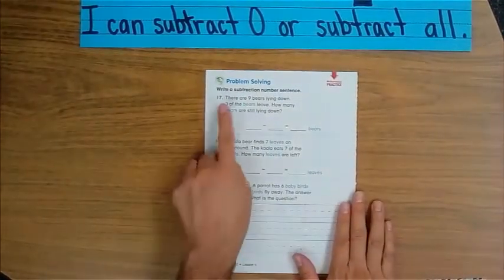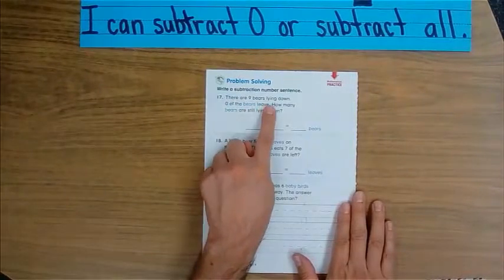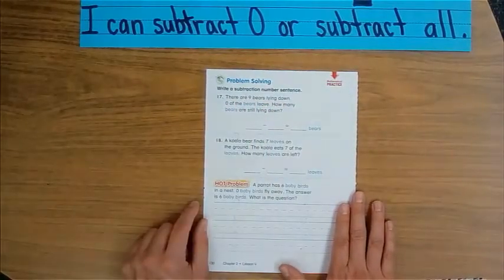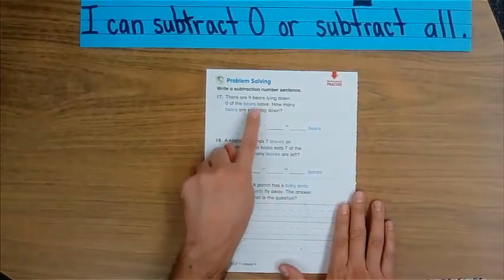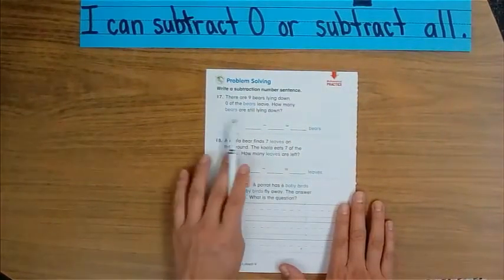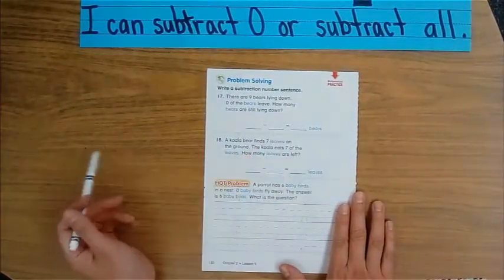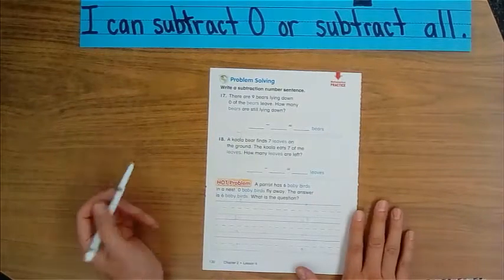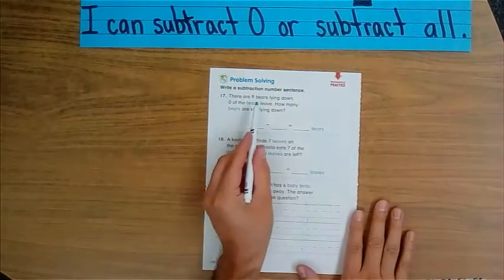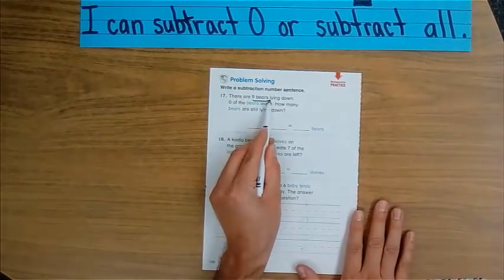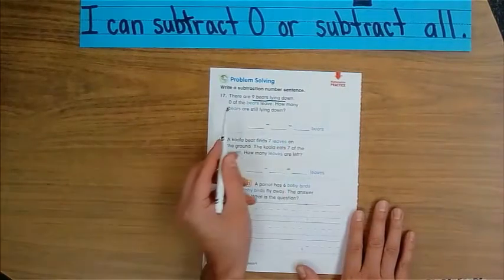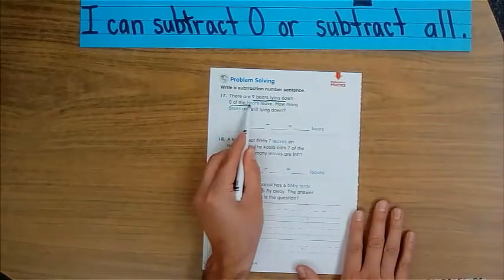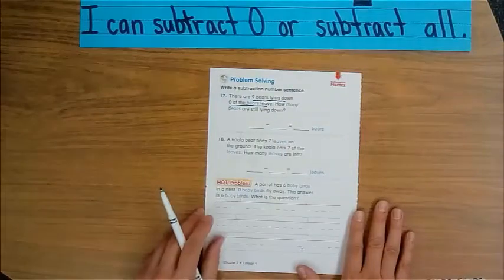And it says, there are 9 bears lying down. 0 of the bears leave. How many bears are still lying down? Well, I see some important information, so I know that there are 9 bears lying down. And I know that 0 of the bears leave, so I'm going to underline that.